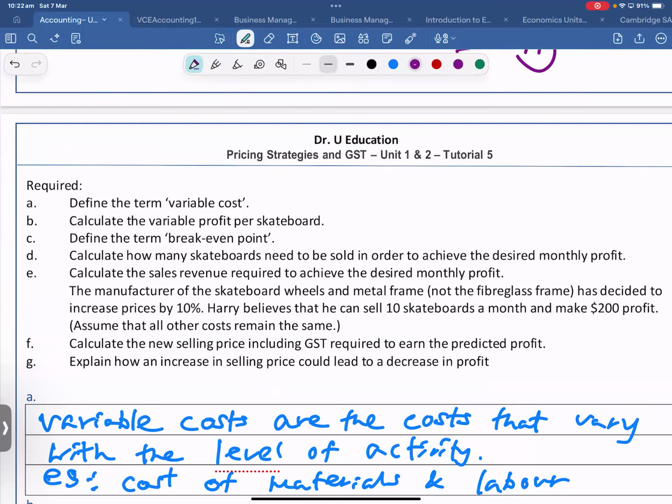There are two questions. No, part E just calculates the revenue. The next part is for part F. Oh, okay.